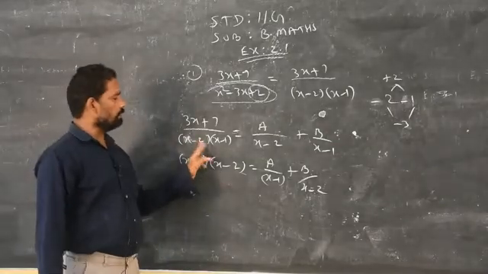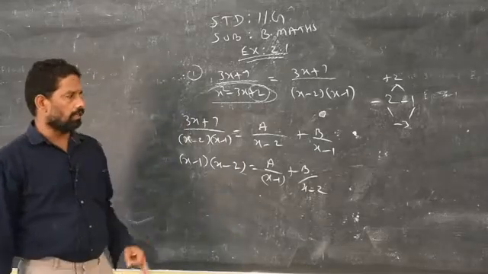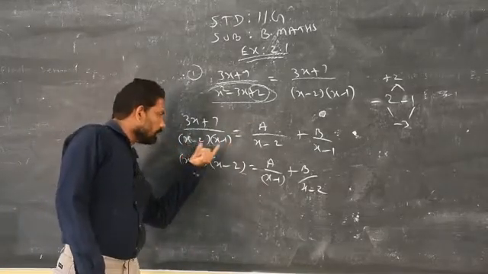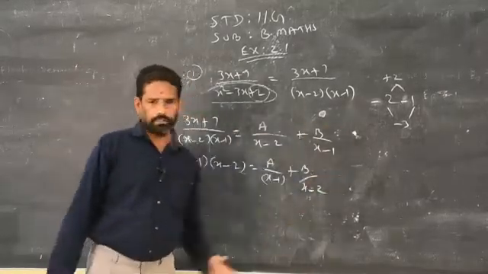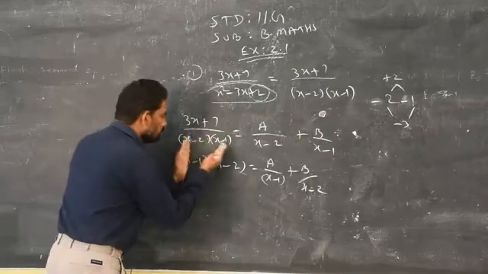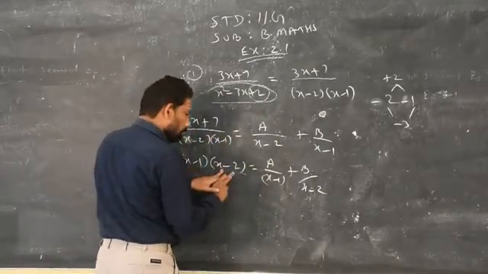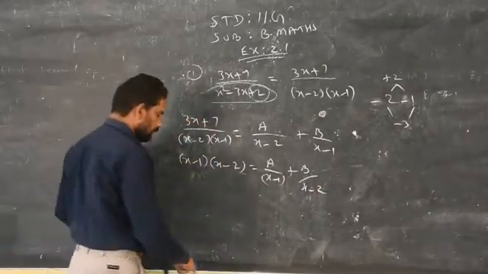So when you interchange the factors, the concept is very simple. The rule or condition is a by whatever you wrote here as the first factor, that should be there. a by first factor plus b by second factor. If you interchange these two factors' positions, then a by first factor plus b by second factor, you will get the same answer. The final answer will be the same. There won't be any difference.